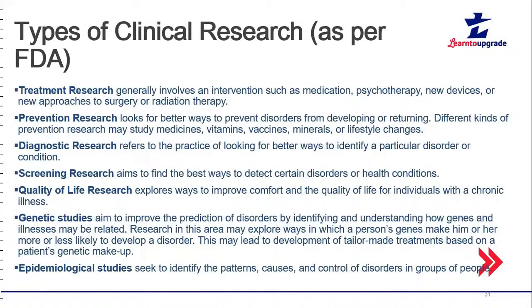So where does this data come from? This is from quality of life research. Again, this is also a kind of observational study where they observe for a long time, and with a particular method they try to generate the data and present it in front of you.